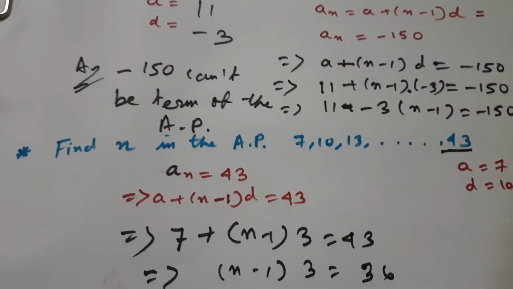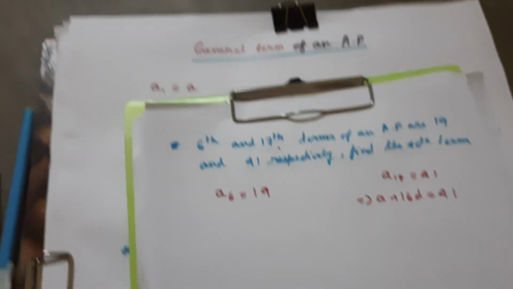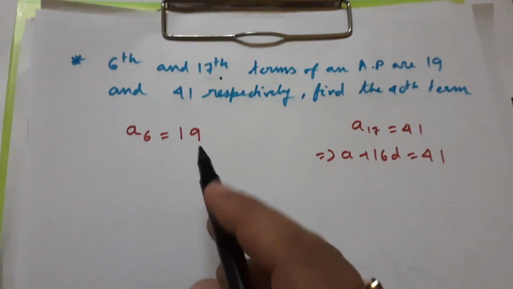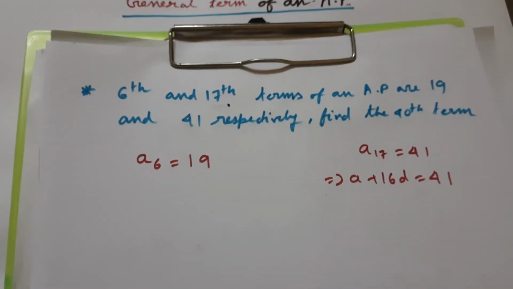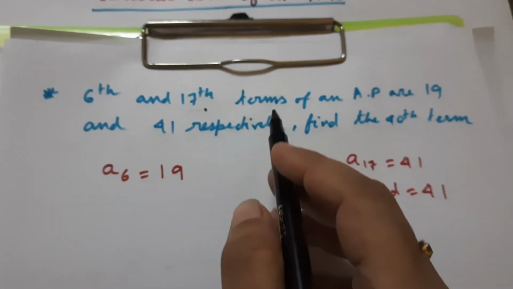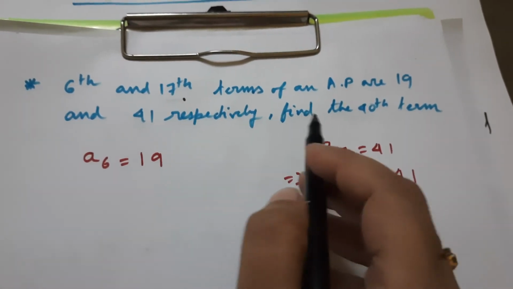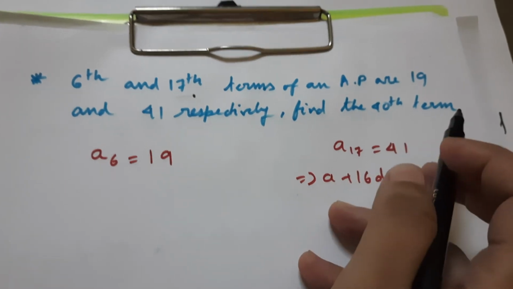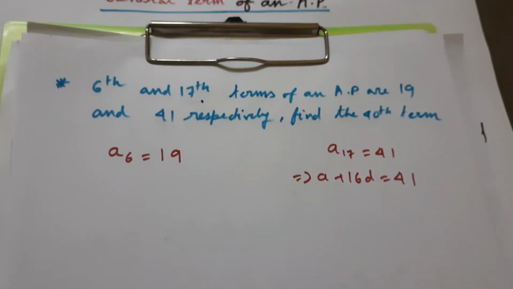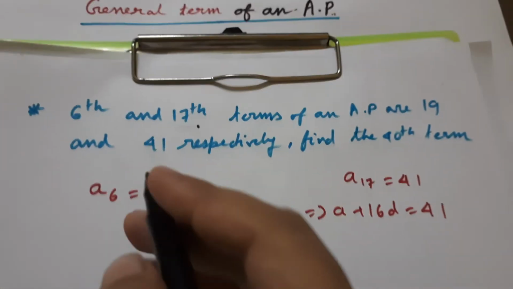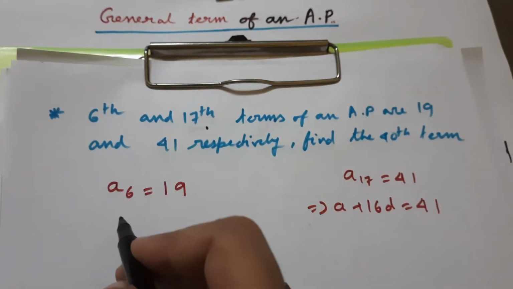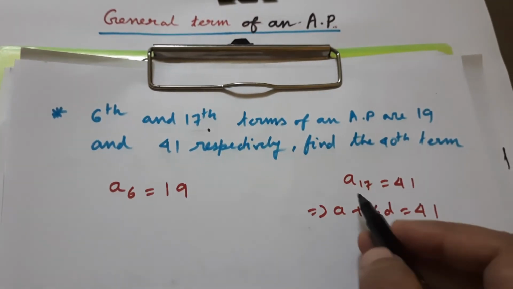Let's see the last example. The question is: the 6th and 17th terms of an AP are 19 and 41 respectively. Find the 40th term. Here the 6th term is A6 and the 17th term is A17.